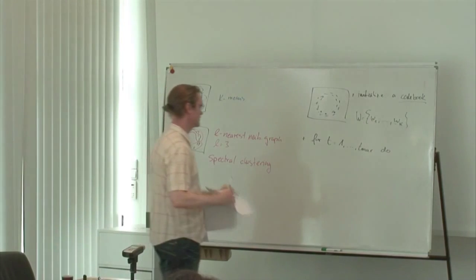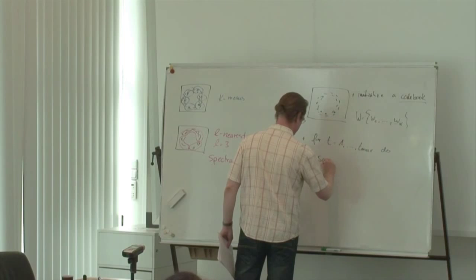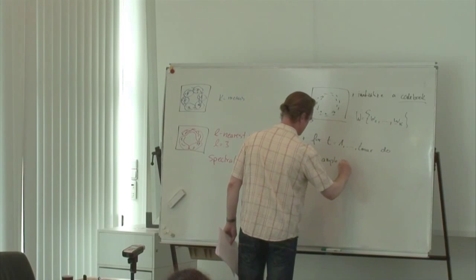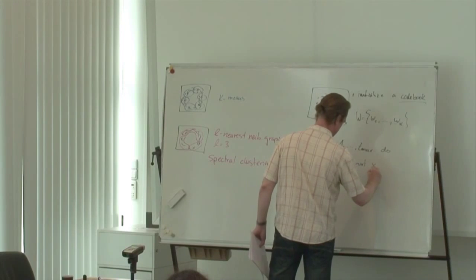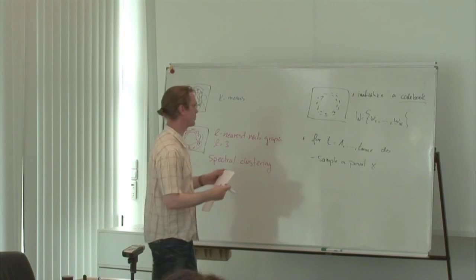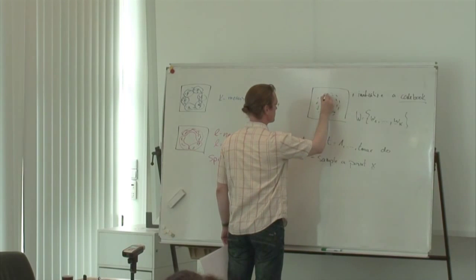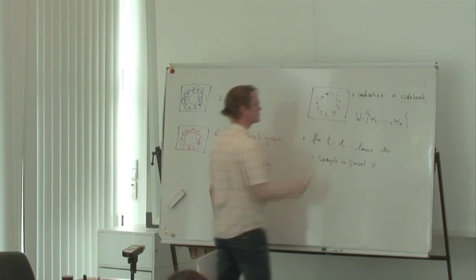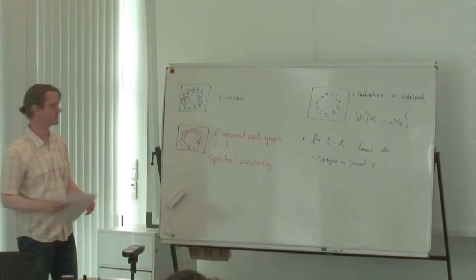We first sample a point x, for instance, say this one. This is one of the data points contained in our set of observations.